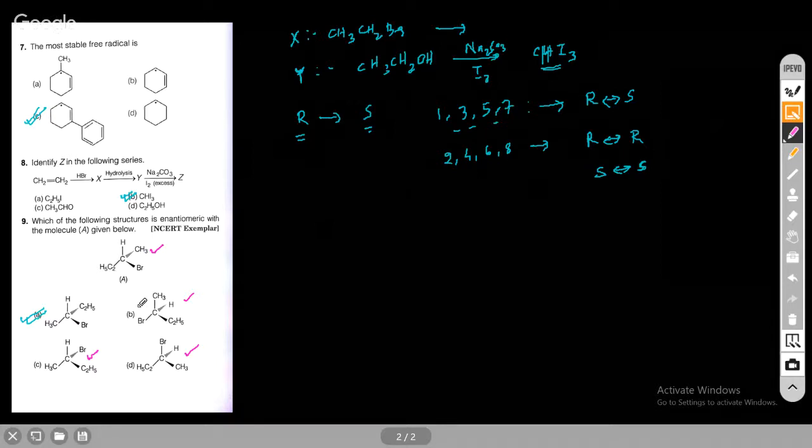Try to understand like this: all molecular formulas are same, configuration is same. It means all the four molecules will have same behavior towards the PPL, plane polarized light, right? That's why they are identical. Diastereomers is defined for different molecules, right? So option A is correct for this question. All these four molecules are identical.